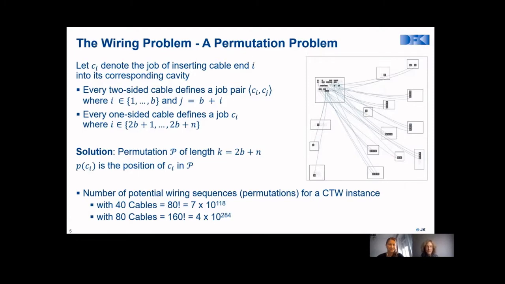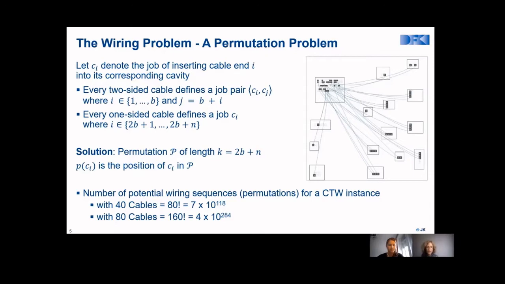For the one-sided cables, we only define a single job Ci, and these jobs are numbered after the two-sided cable ends have been numbered. So a one-sided cable end is numbered from 2b plus 1 to 2b plus n. Based on this encoding, we are interested in computing a permutation of length k, where k equals 2b plus n.